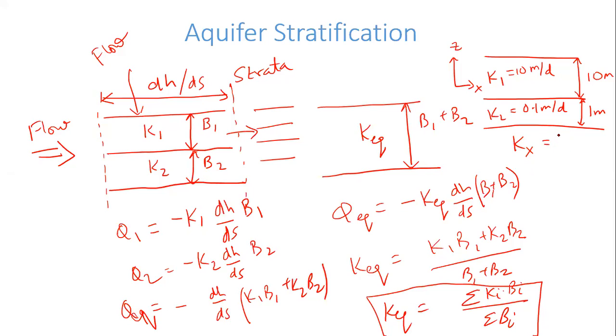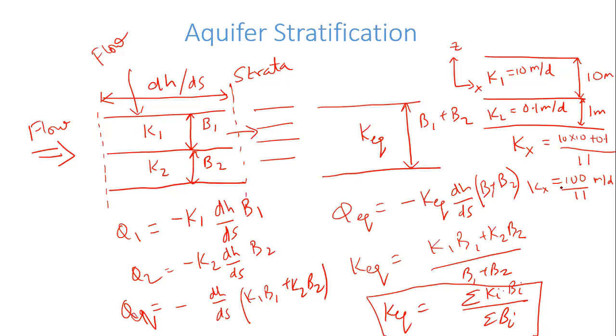So Kx is K1 B1 plus K2 B2 divided by B1 plus B2, which is 100.1 divided by 11. I'll just ignore the 0.1. 100 divided by 11 is about 9 point something, meters per day.